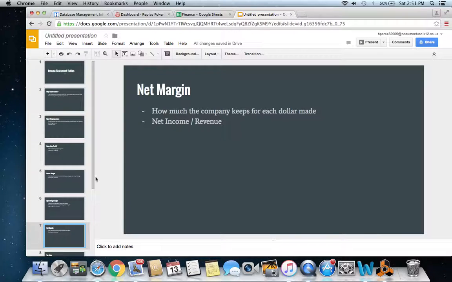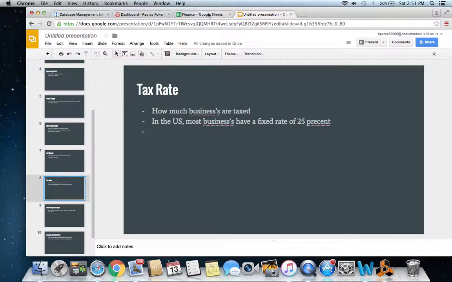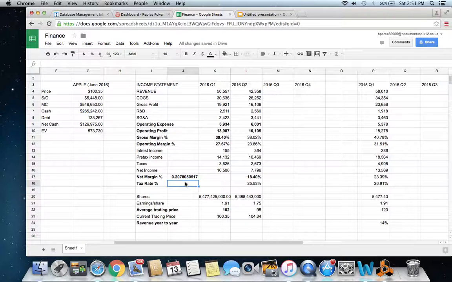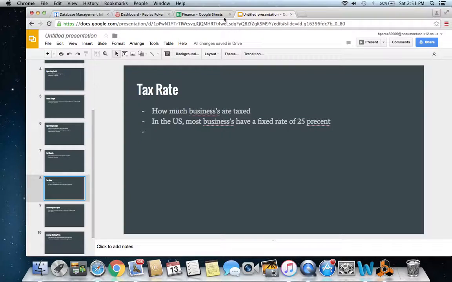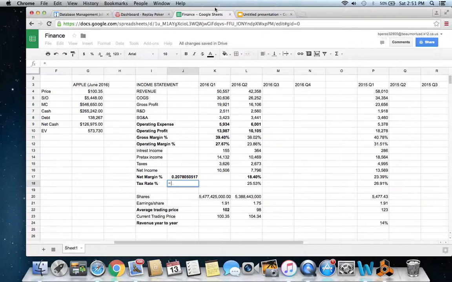Next we have tax rates. How much are the companies taxed? Well, in the United States, President Obama has enforced a 25% fixed rate of tax, and there's some cases where it changes, but let's see if this is right. Oops, I forgot to write the tax formula. It's taxes over pre-tax income.